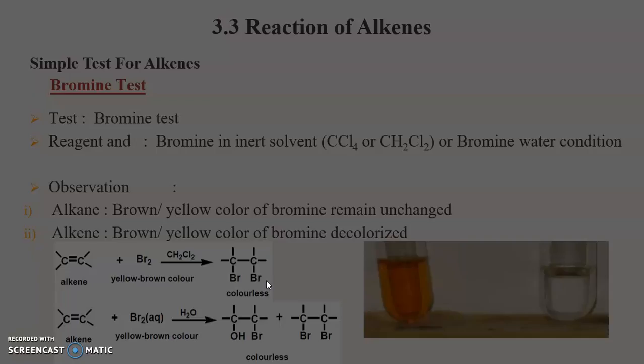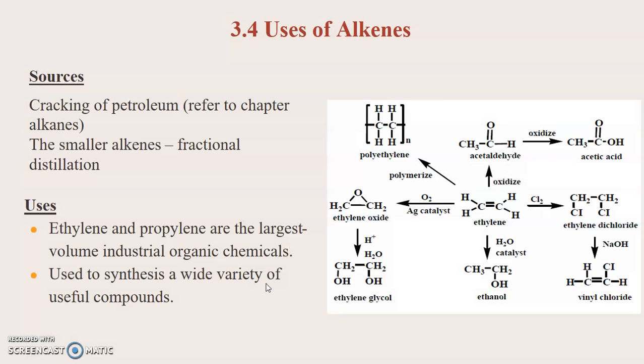Okay, so I continue with the uses of alkenes. The source of alkenes is actually from cracking of petroleum. Cracking means that they break the long chains of the petroleum to get small fractions, or small chains.